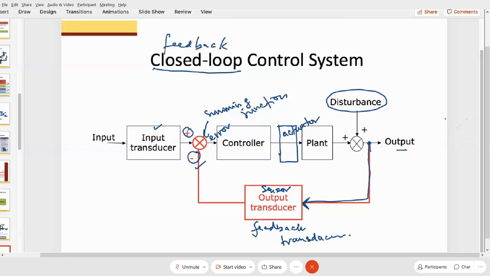If we refer to a feedback control system, meaning a closed loop control system, we have a transducer that measures the output status of your system and compares it with the input to do some correction.